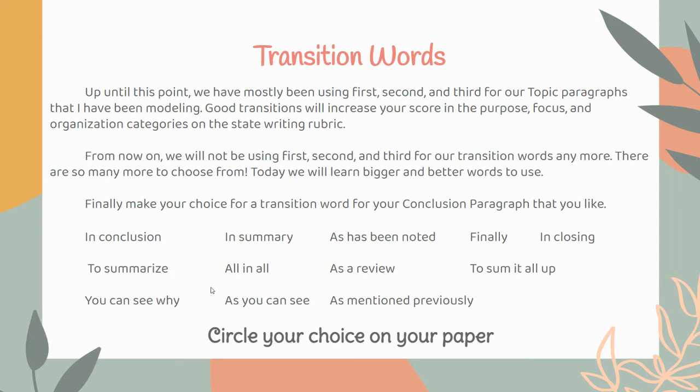In conclusion, in summary, as has been noted, finally, in closing, to summarize, all in all, as a review, to sum it all up, you can see why, as you can see, or as mentioned previously. Go ahead and make a choice of which one you like best. Circle it on your paper or make a note of one that isn't here.